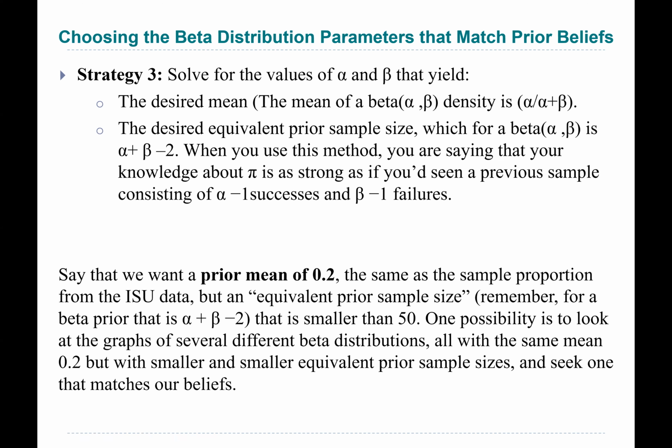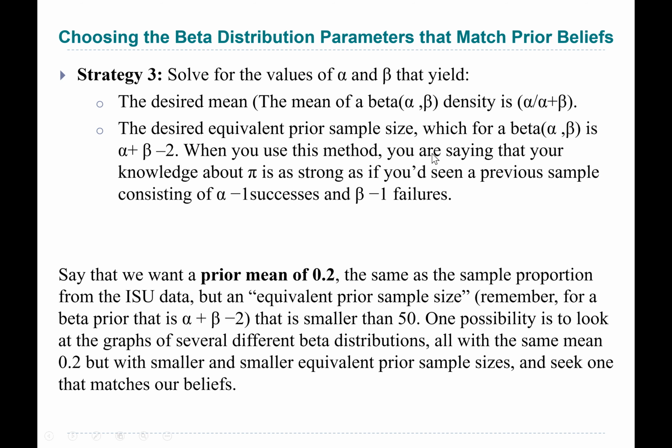Maybe you like to use the prior mean 0.2, but it comes from a sample smaller than 50. When you choose a smaller sample size, it means you do not feel confident about the mean. But if you use a higher sample size, it means you feel more confident about the mean.